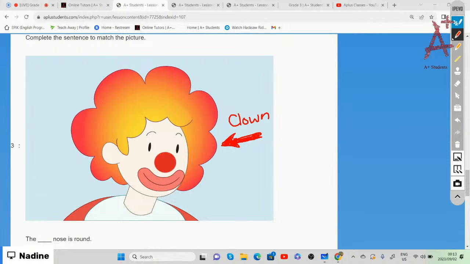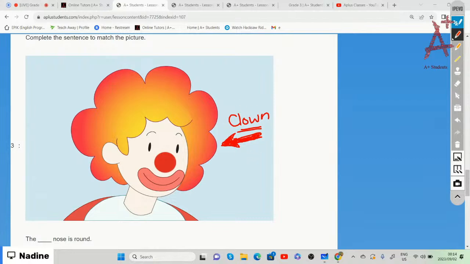So now they want us to complete the sentence and match the picture. The nose is round. So whose nose is round? So we can say the clown, right?